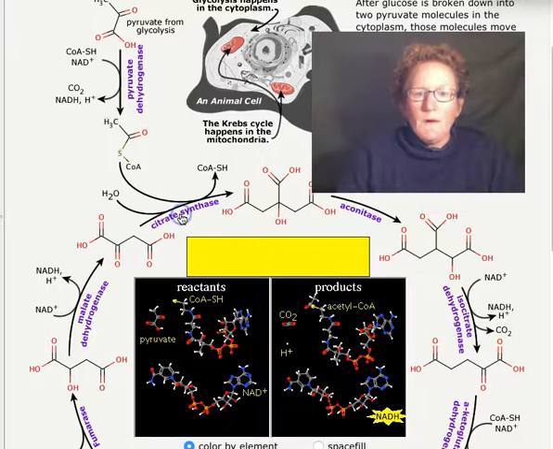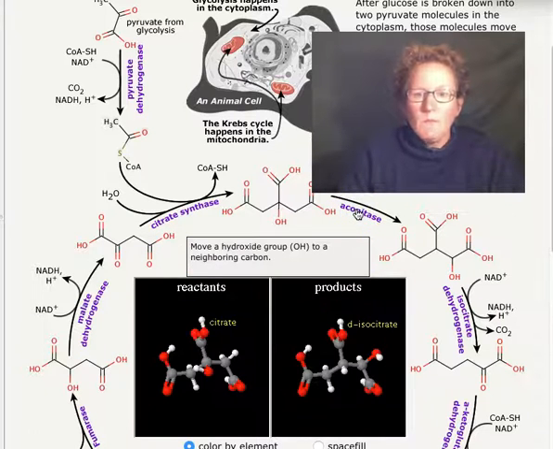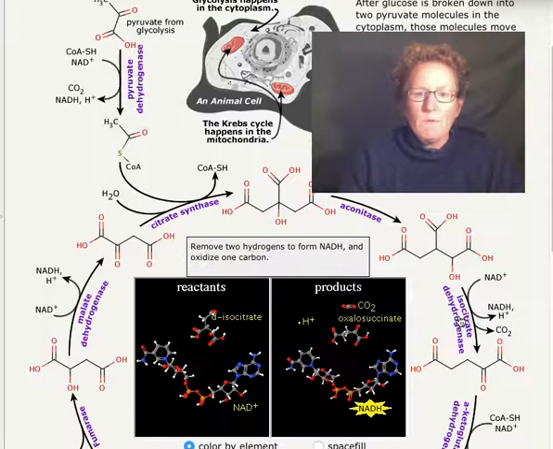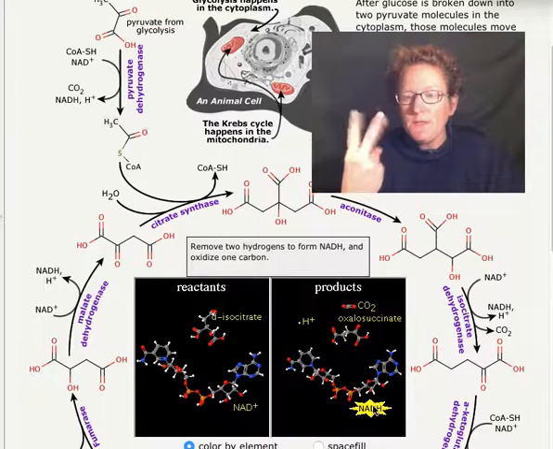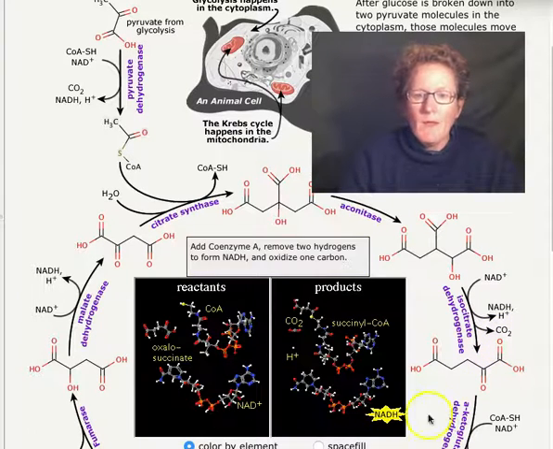When we look here at the next step, we don't produce any high energy molecules. But if we go to the next step, no more high energy molecules. We'll look here. Oh, we get another NADH. So far we're up to 2 NADH if you're keeping track on your tallies. There's another one.